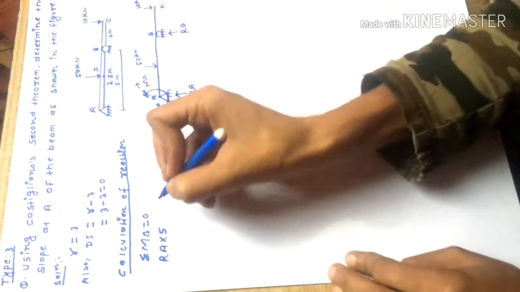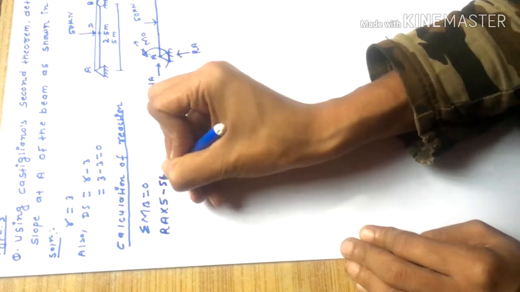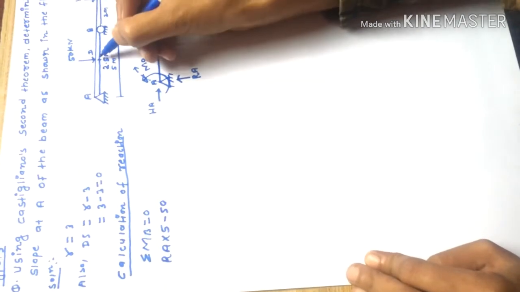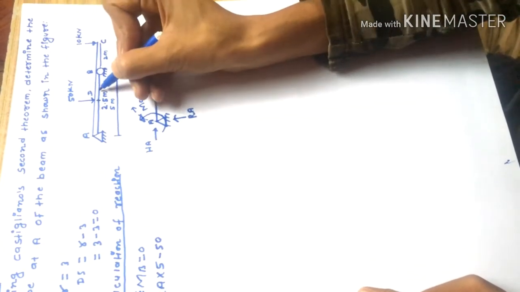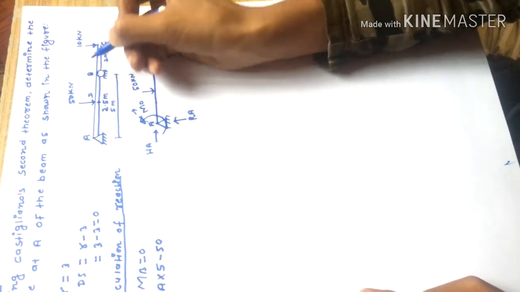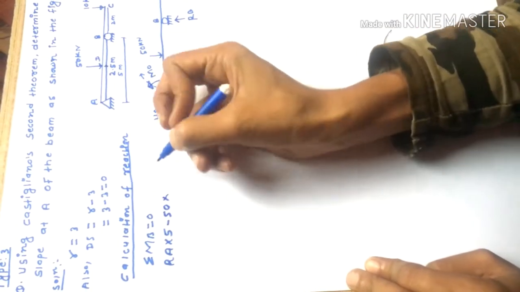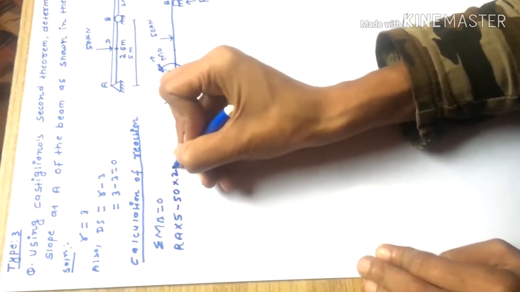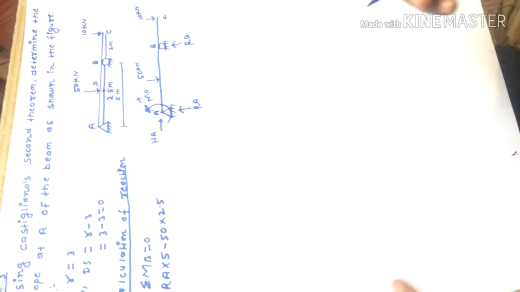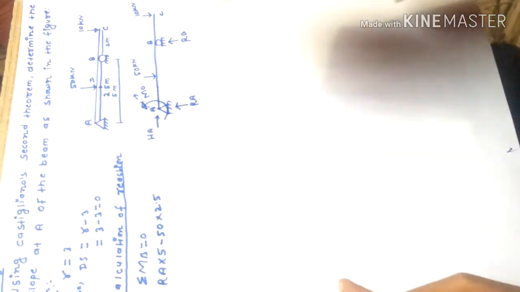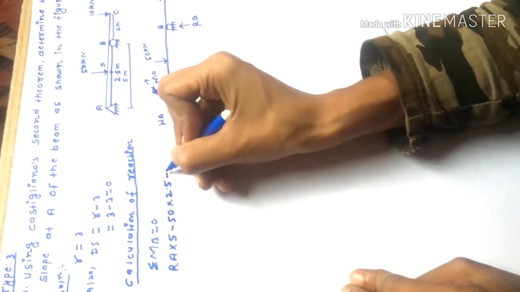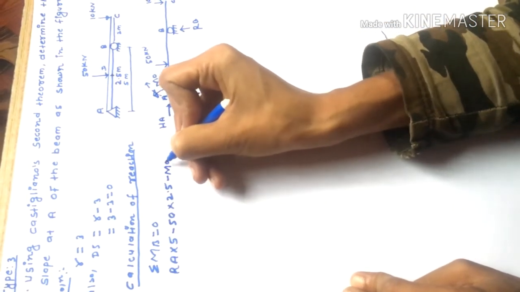So minus 50 into, in the figure we can see the perpendicular distance is 2.5 meter from D to B, so 2.5 meter. Also m0 is acting in anti-clockwise direction, so also take it as minus, that is minus m0.